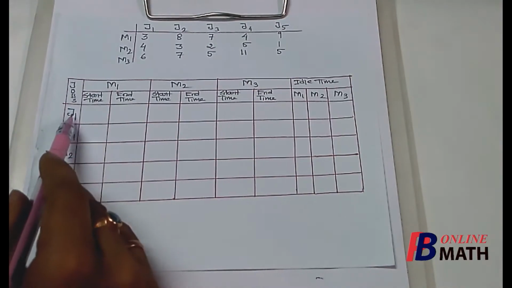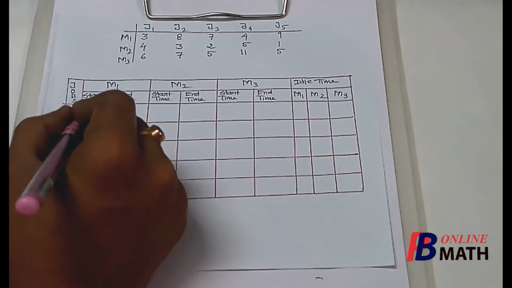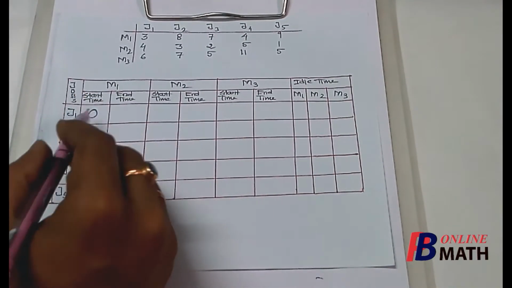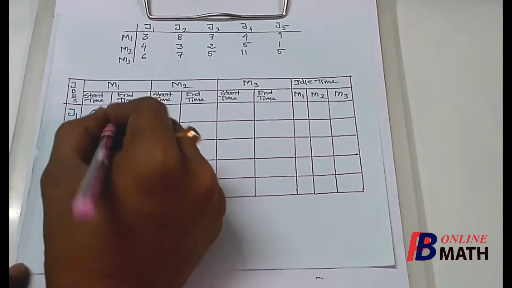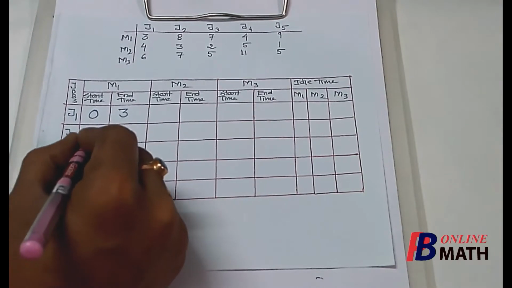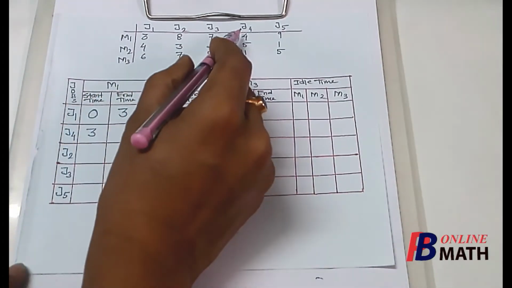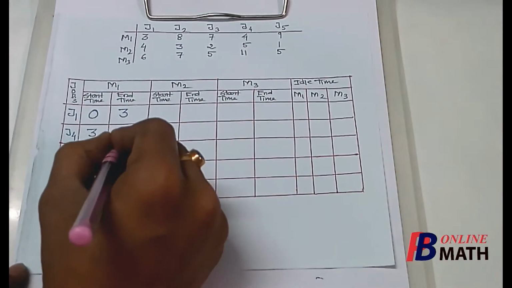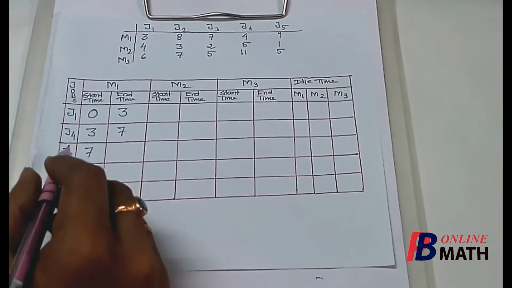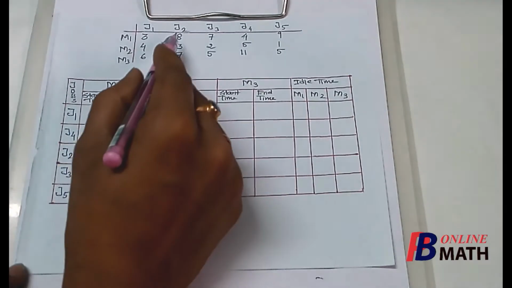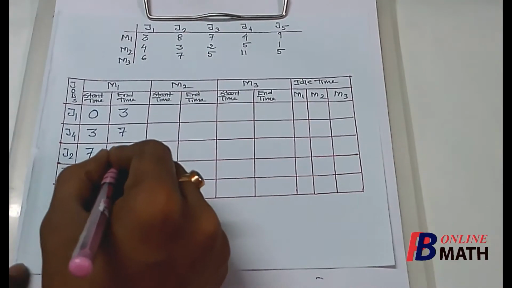So first we consider this job J1. Start time will be obviously 0 and J1 takes 3 units of time, so end time is 3. For J4 the start time will be 3 and end time will be 3 plus 4, which is 7. For J2 the start time is 7 and end time will be 7 plus 8, which is 15.